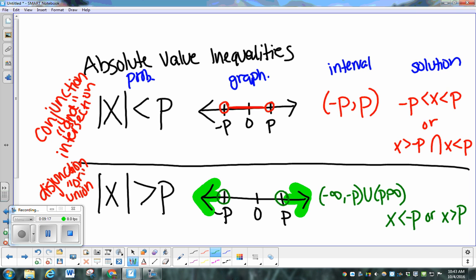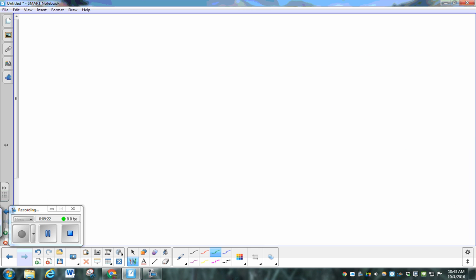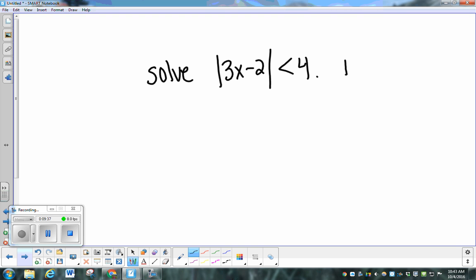All right, let's try a slightly trickier one. So we're going to solve the absolute value of 3x minus 2 is less than 4. And then we're going to graph what x could be.